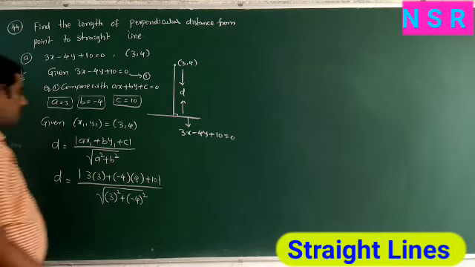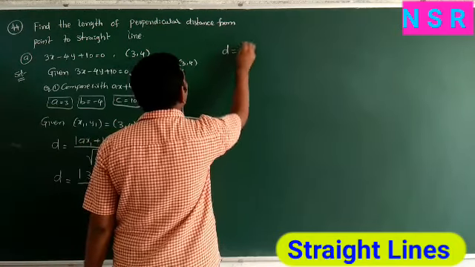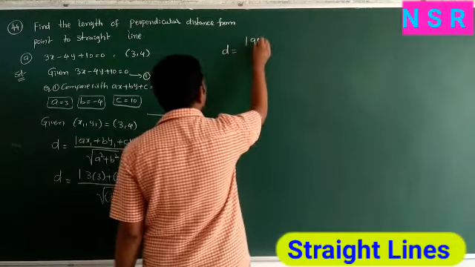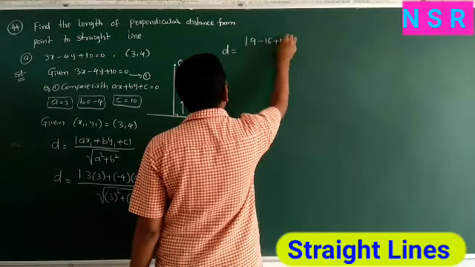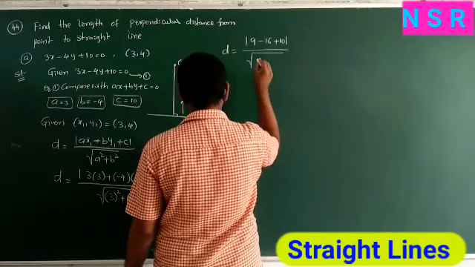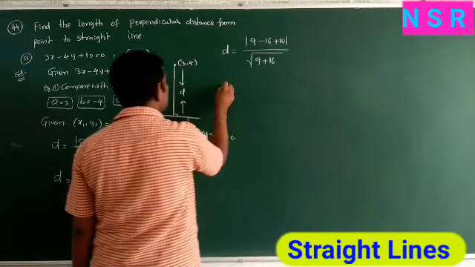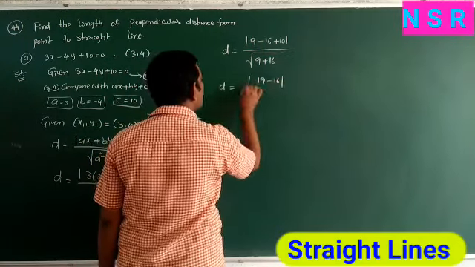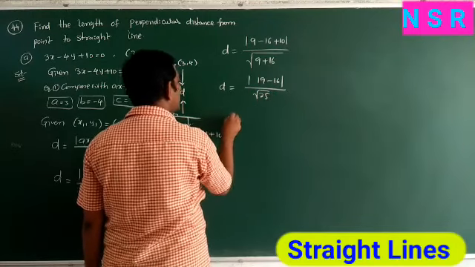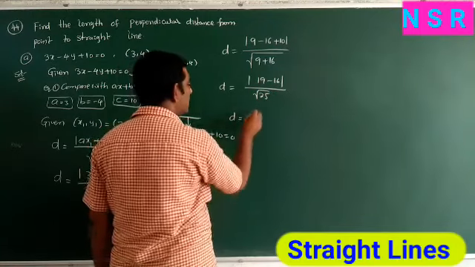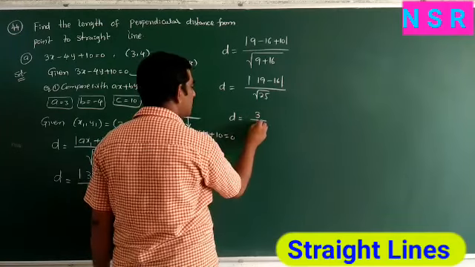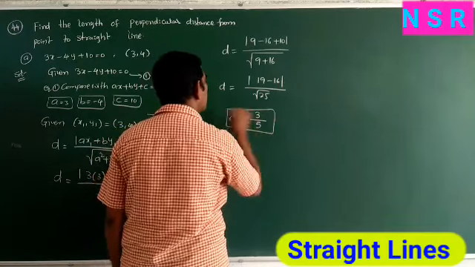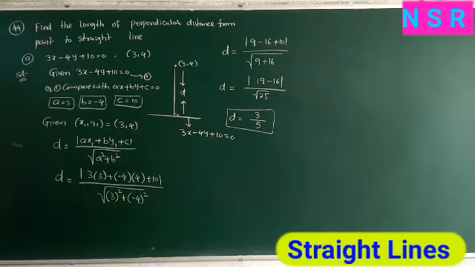Now d is equal to 3 threes are 9, 4 into -4 is -16, plus 10, by square root of 9 plus 16. So 10 plus 9 is 19, minus 16, by root 25. Now d is equal to 19 minus 16, 3. Mod of 3 is 3, and square root of 25 is 5. So d value is 3 by 5. So the perpendicular distance from point to line is 3 by 5.